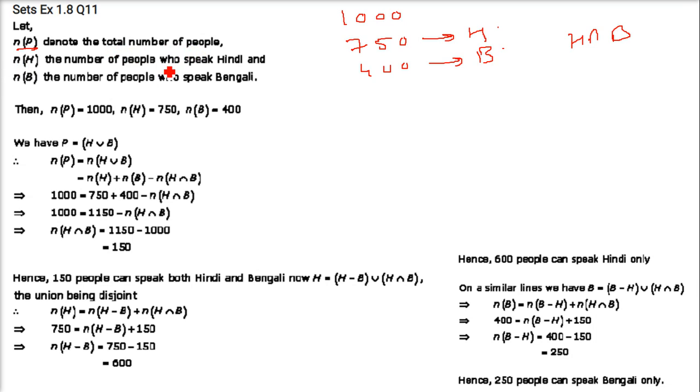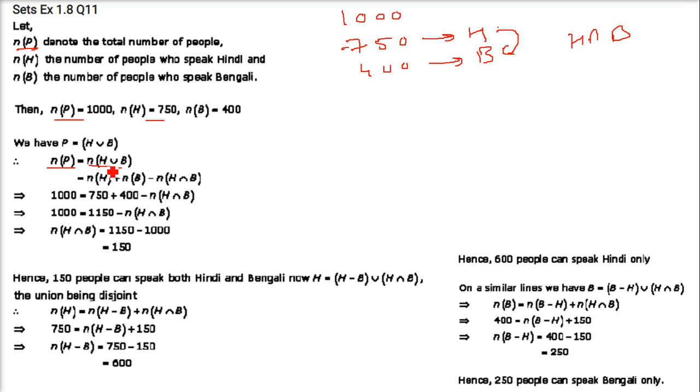So NP is the total number of people we assume, NH is the number of people who speak Hindi, NB is the number of people who speak Bengali. So NP is 1000, NH is 750, and NB is 400. P is H union B, because the number of people is nothing but those speaking Hindi or Bengali, so we take a union.